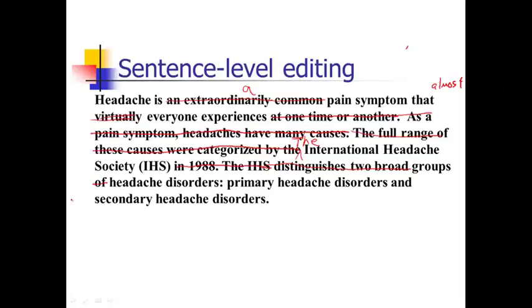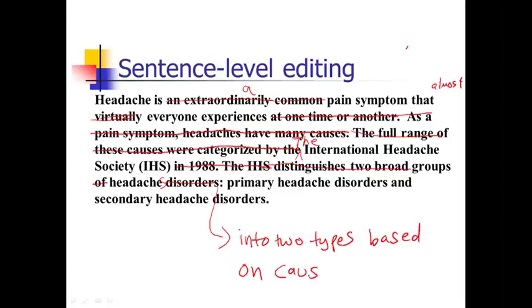So I'm going to get in the little extra bit that they're grouping the headache disorders, or "groups headaches," I think would be slightly better, "groups headaches into two types based on cause." So that gets the idea across of the sentence that I deleted, and then we'll rope back in there. So that gets the idea that it's based on cause, the primary and secondary distinction. So we're going to edit that all together.